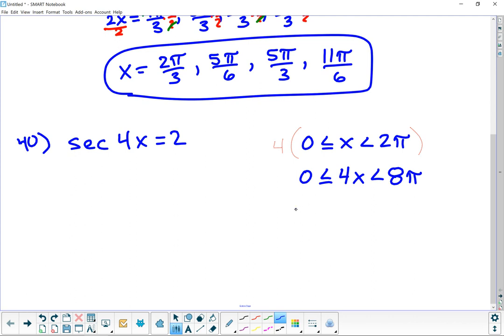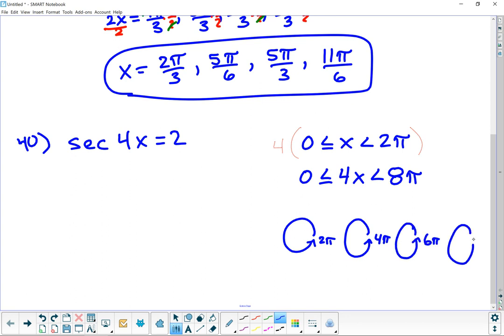That means that we're going to go around one circle, 2 pi. Second circle, 4 pi. Third circle, 6 pi. And we have to go 4 rounds. That's 8 pi. So we have to look at 4 circles, right?